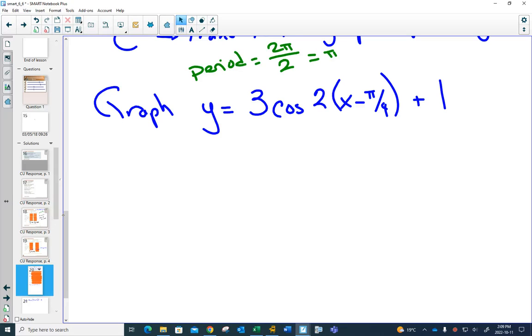So we're going to go through how to use the D-A-B-C technique to make this really easy.